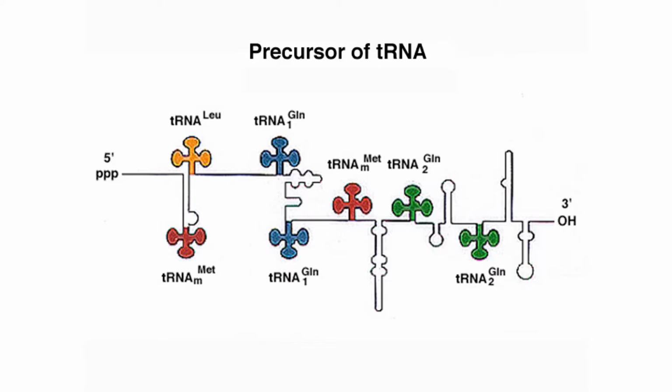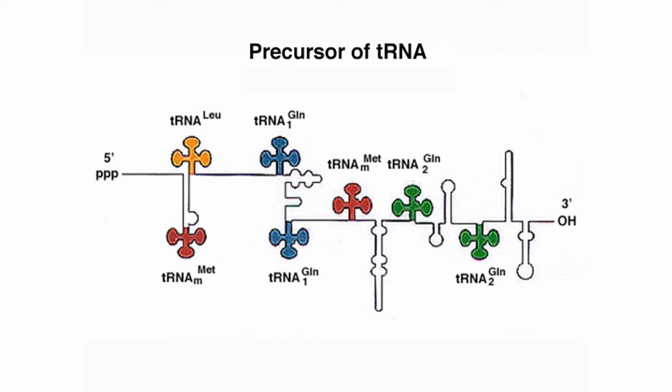The initial step is a transcript holding the sequences of 7 tRNAs. The initial tRNA, again, contains the 4 normal bases, so extensive post-transcriptional modifications must take place to convert these bases to the rare bases that are found in the mature tRNAs.